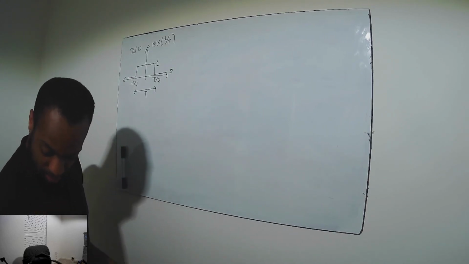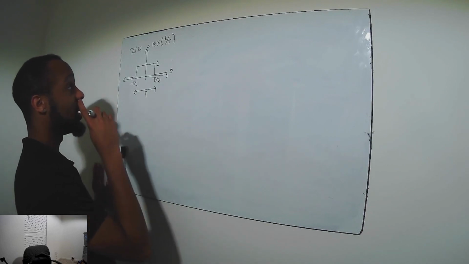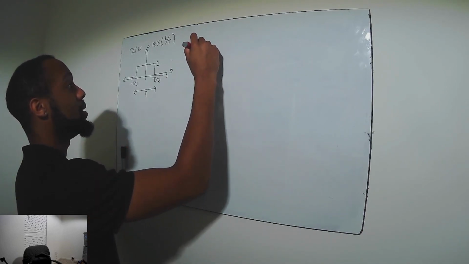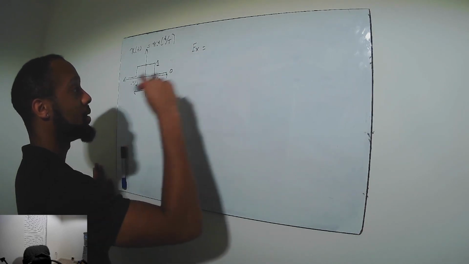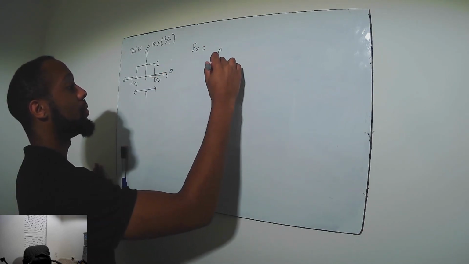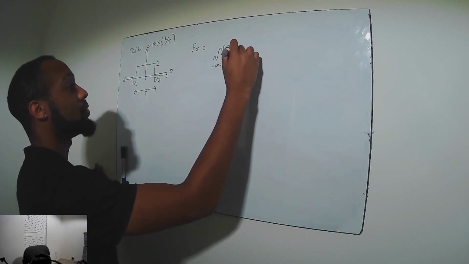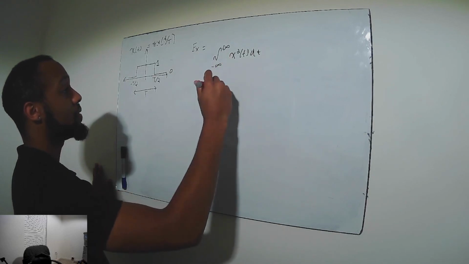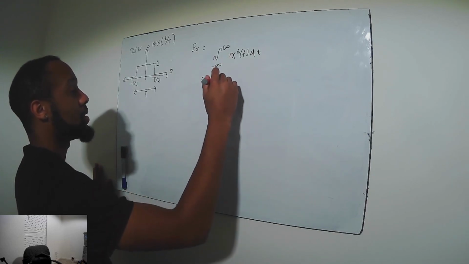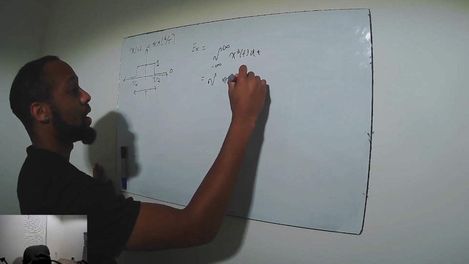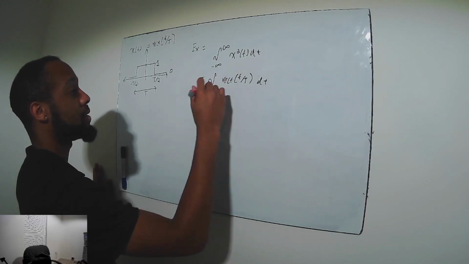Alright, no problem. So let's find the normalized energy. The normalized energy is E_x equal to the integral from minus infinity to infinity of x squared of t dt, right? So x squared of t in this case is rect(t/T) dt from minus infinity to infinity.